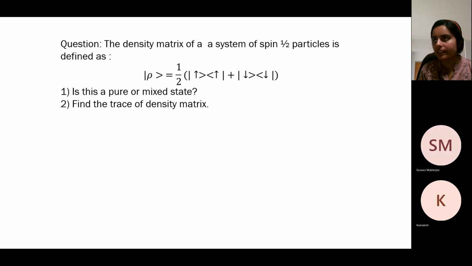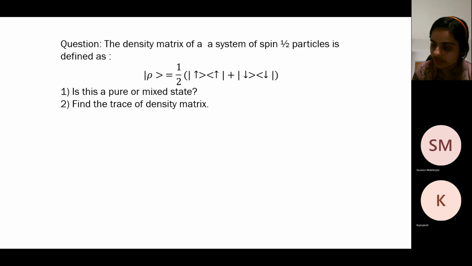So if you have an ensemble of microstates, in the last question all the microstates will be represented by that same state. But now here, if you have an ensemble of microstates, some can be in the up state, some can be in the down state, and the probability that it is in the up state or in the down state is half for each. Do you understand? Is the difference clear?